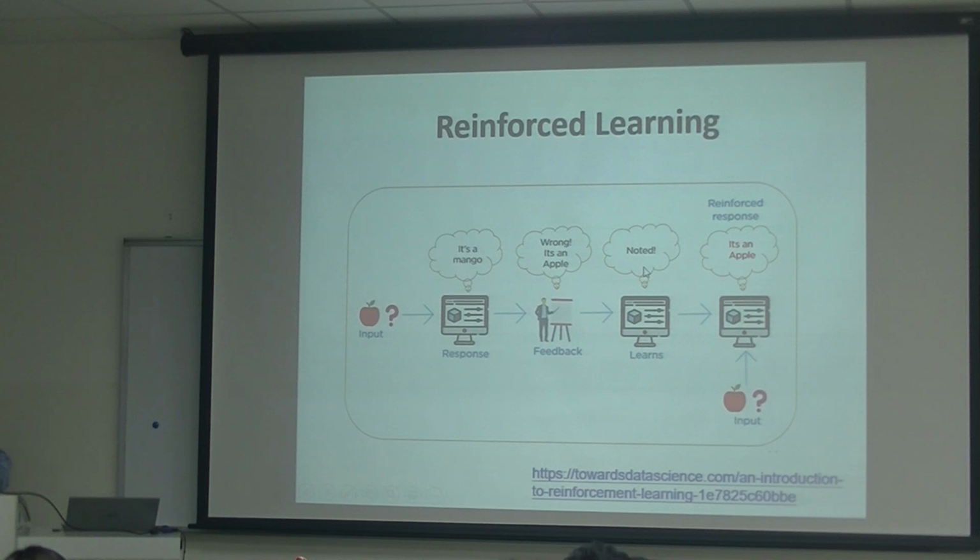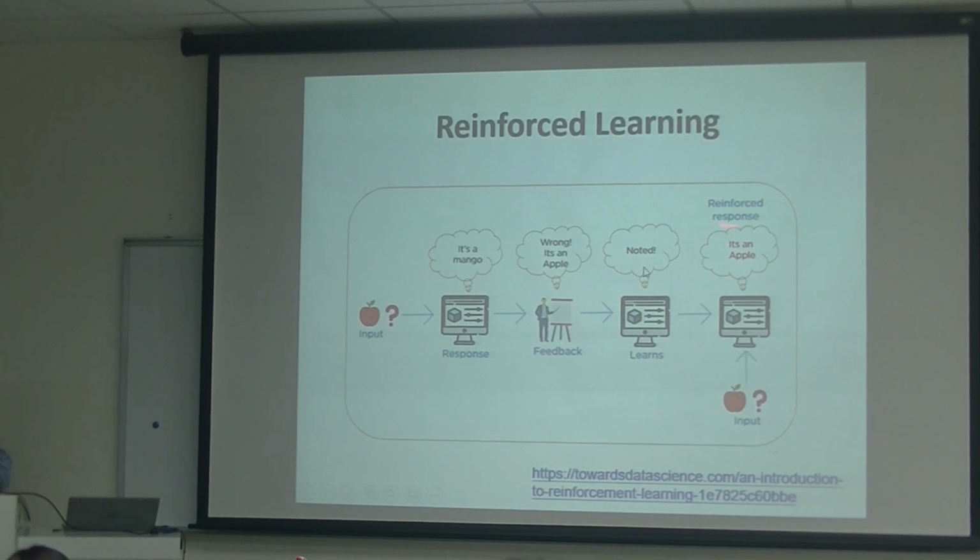So we will do many things to find out the diagnosis. For that case, we actually do reinforced learning. For example, there's an apple as input, and the computer says, okay, it's a mango. Then we know it's the wrong answer. So we'll tell the algorithm it is not a mango, it is an apple.